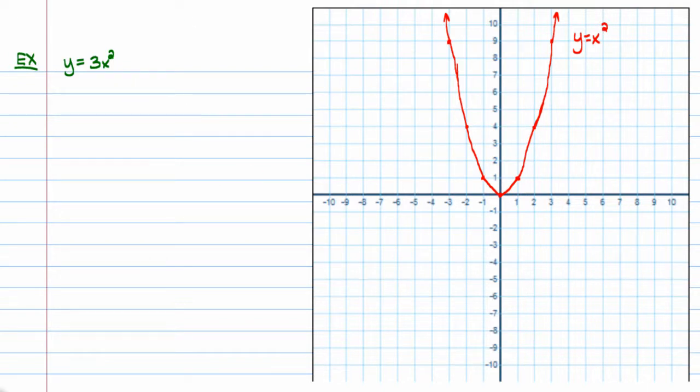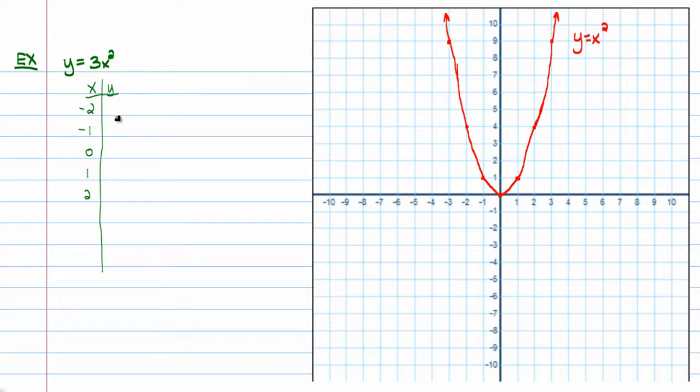What I want to do here is graph y equals 3x squared. So let's make a table of values, an x and a y value. And again, I'll try to make it symmetric about x equals 0. So we'll plug in a negative 2, a negative 1, a 0, a 1, and a 2.